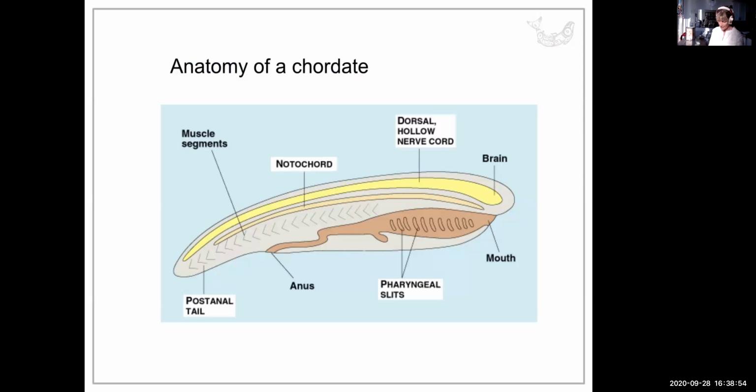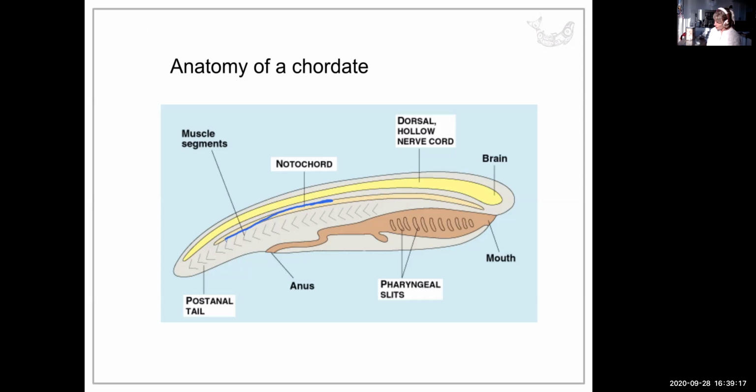The notochord is a long, flexible rod. It provides skeletal support. In vertebrates, it becomes a jointed skeleton, the notochord.